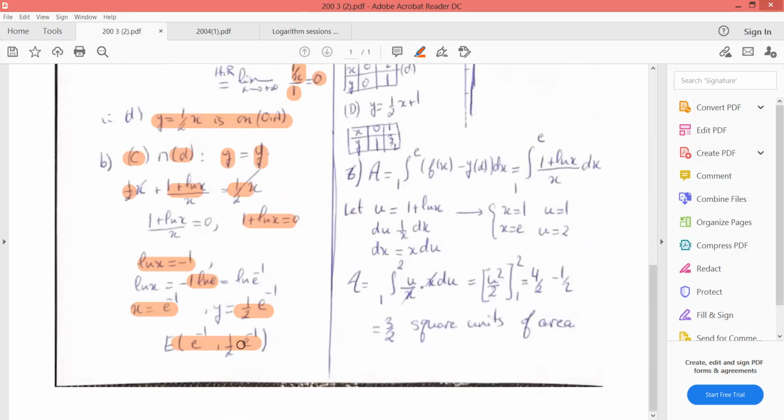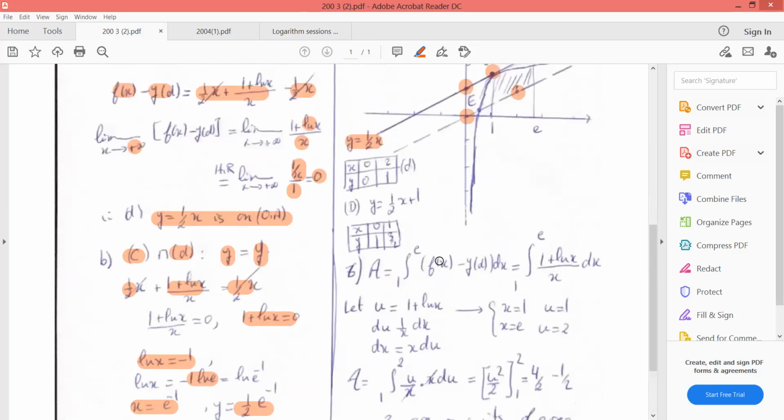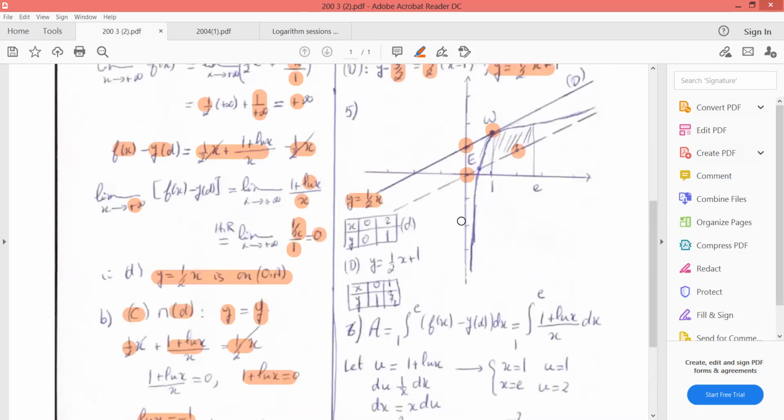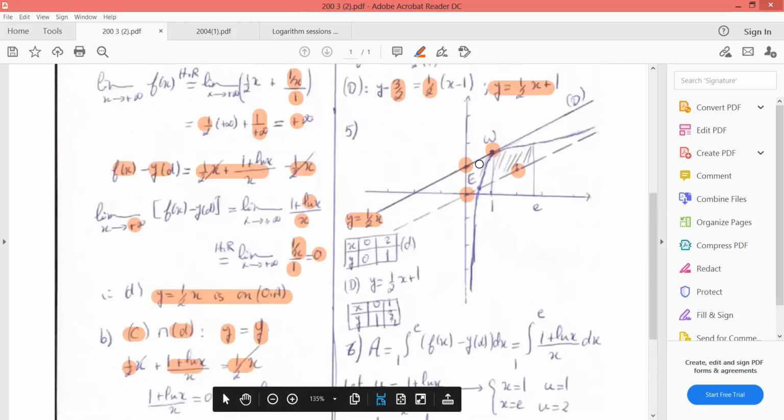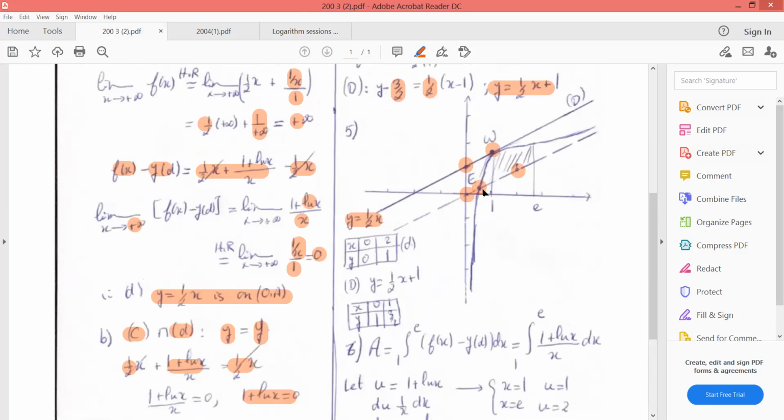between the line and the curve. The point E is (e to the minus 1, half e to the minus 1). This is the point E, the point of intersection here. The point W is (1, 3/2).